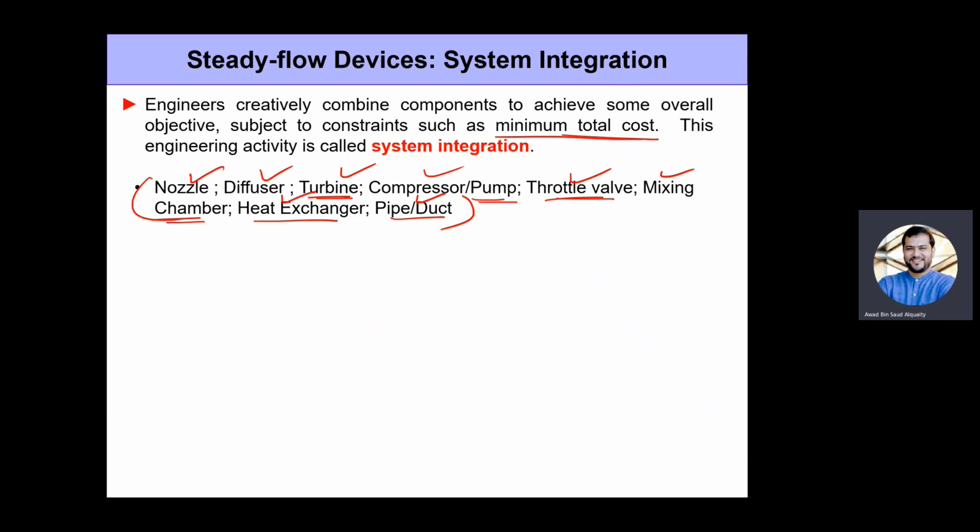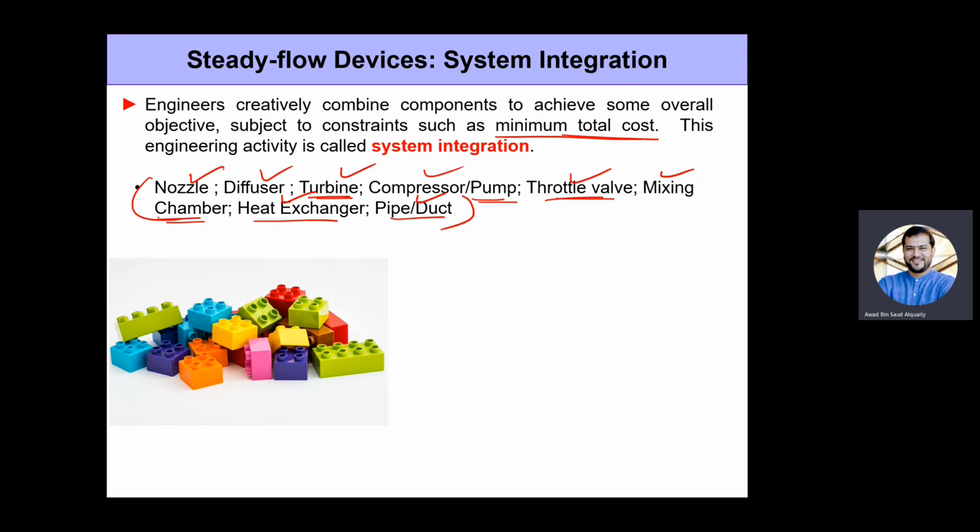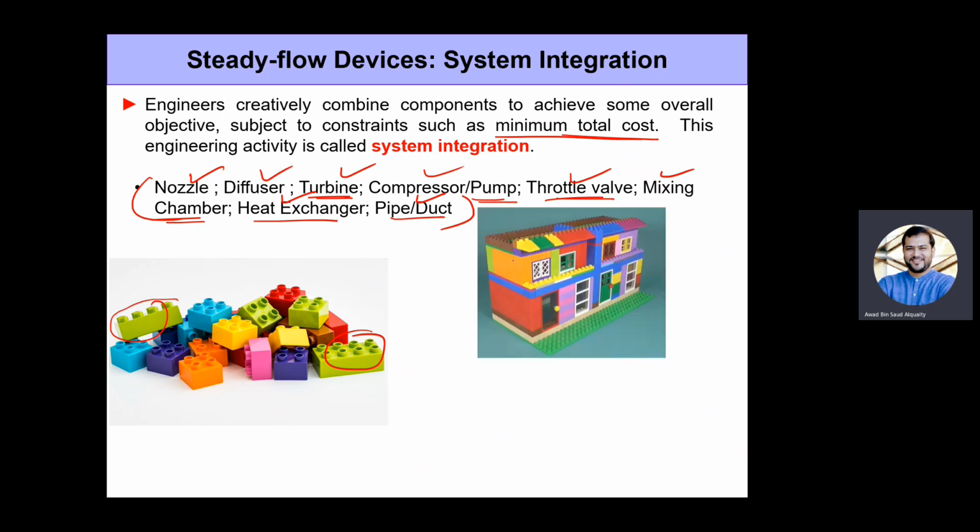Another way of dealing with this is to say that all these things that we spoke about, nozzles, diffusers, turbines, and all that, are like Lego blocks. Each block has a role to play, right? Now, you combine the blocks differently depending on what kind of system you're trying to build. If you want to build a house, then of course you've got to combine these colored blocks in such a way that you get your overall objective. But you're just combining these individual blocks, right?